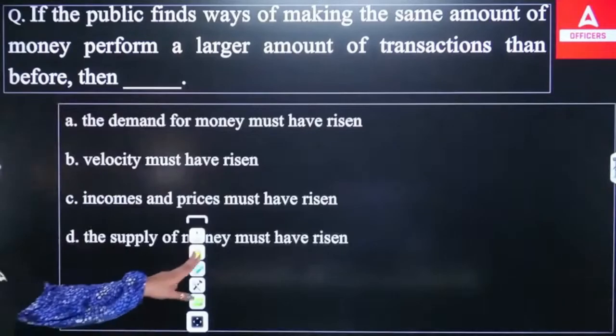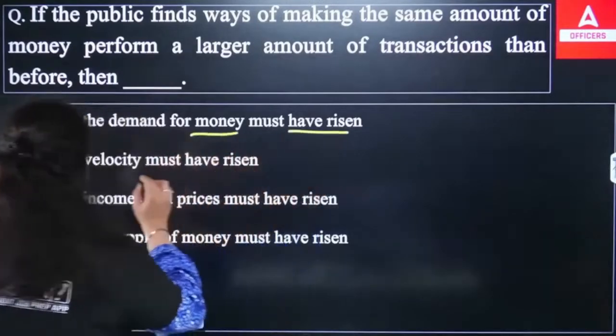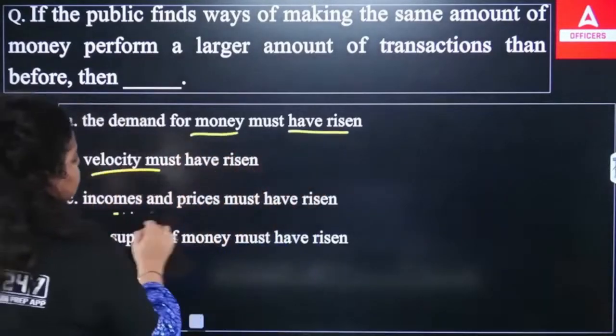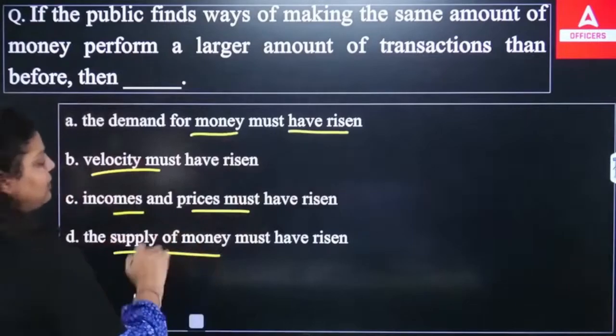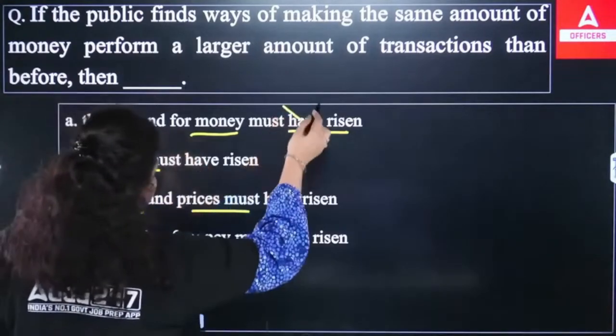And these are the options in front of you. Which of the following will be right? The demand for money must have risen, velocity of money must have risen, incomes and prices must have risen, the supply of money must have risen. So it's very obvious the demand for money has not risen.